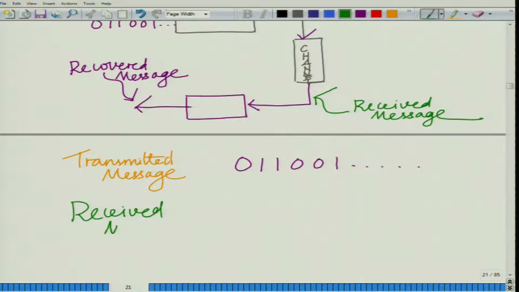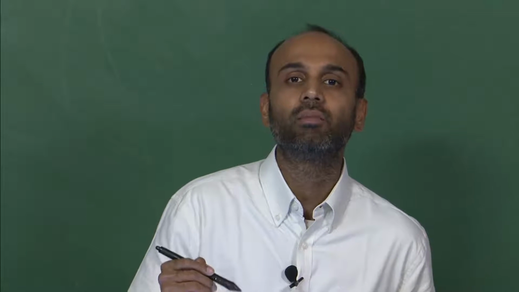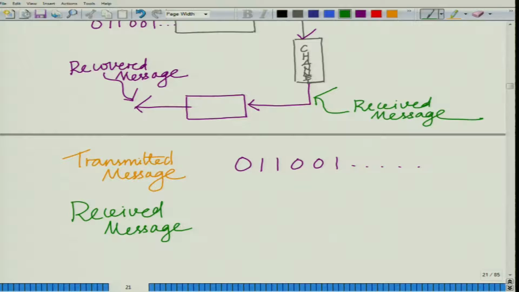Remember we are looking at digital messages, therefore we are looking at a sequence of digital information bits, binary information bits, that constitutes a digital message. The received message can be something like 0, 1, 1, 1, 0, 1.